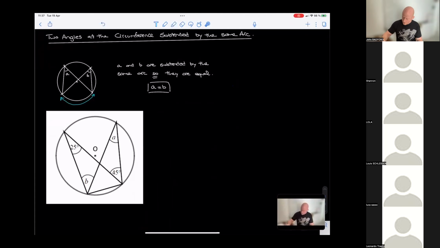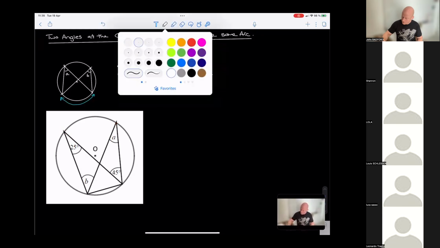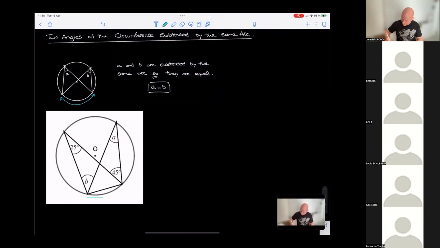This angle A and this angle 25 degrees, hopefully you can agree that they're both angles at the circumference, first of all. And maybe you can tell, I hope you can, that they're both being subtended or formed by this arc here.